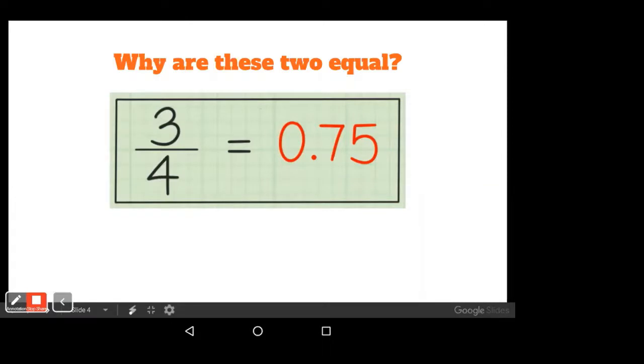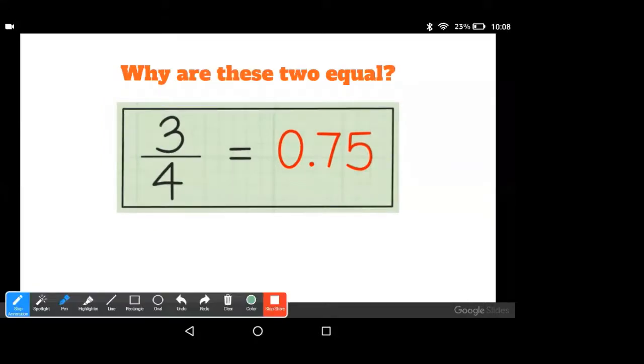So why is that a true statement? So we just talked about how we can write decimals and fractions. So 3/4 and 0.75. 0.75 is in the hundredths. It's 2 decimal places.